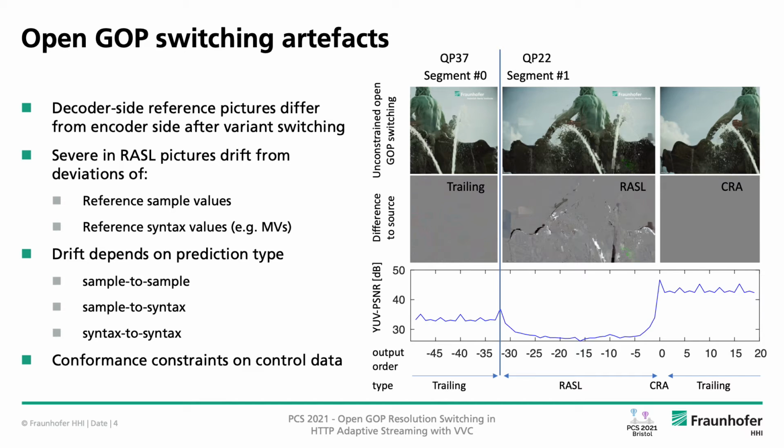And these tend to create very noticeable and disturbing artifacts. And of course, any coded video data stream has a lot of control data, and this also has to adhere to whatever conformance constraints are formulated in the specification, or otherwise you may end up with not only drift but decoder crashes.